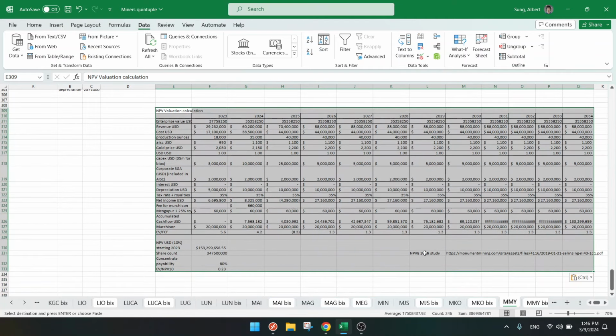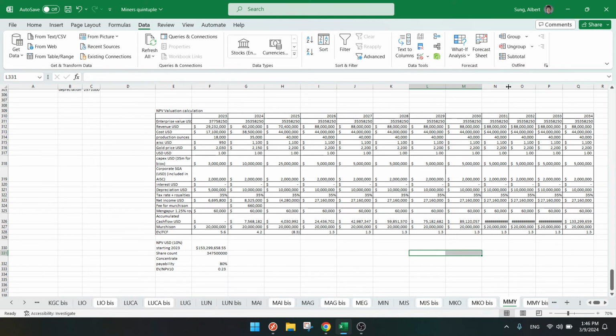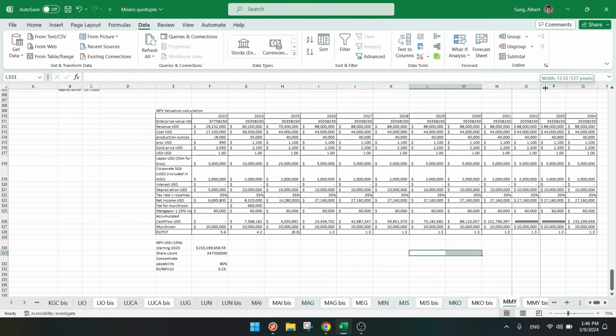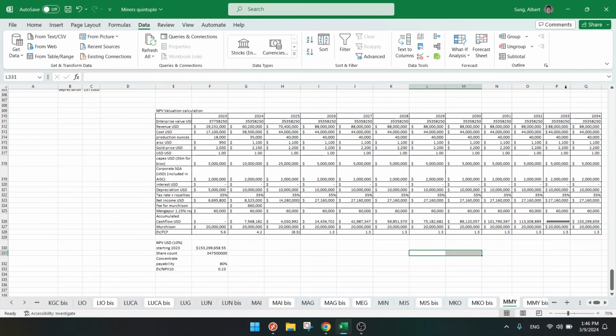And then we are going to update this for 2000 gold, and then another one for 3000 gold.